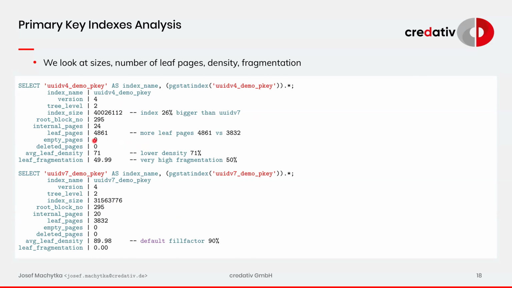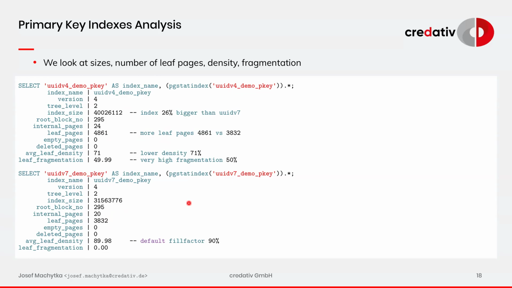We can also see that it has more of those leaf pages with tuples. So again, the difference is around 26%. So here are like 4,800 leaf pages for UUID version 4 versus 3,800 leaf pages for UUID version 7.